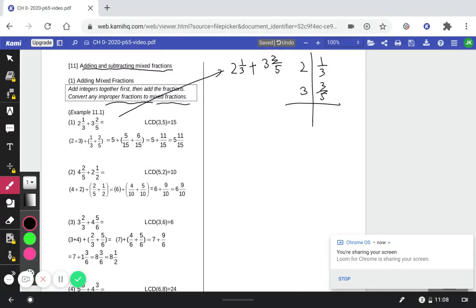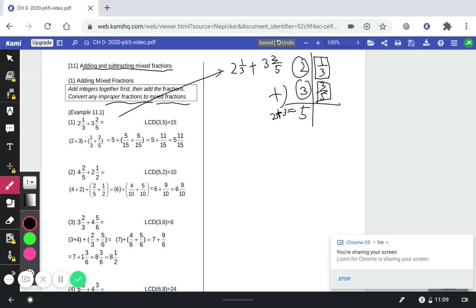Then you add the integers. 2 plus 3 is 5, so you write 5 there. And then you do 1/3 plus 3/5 in the fractional portion.